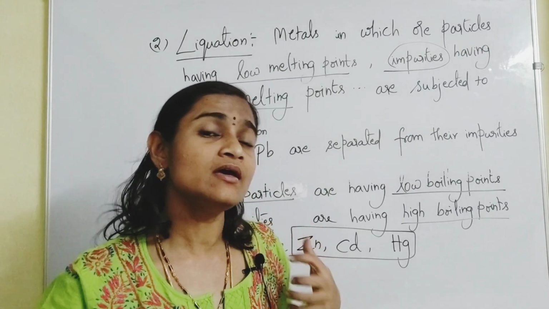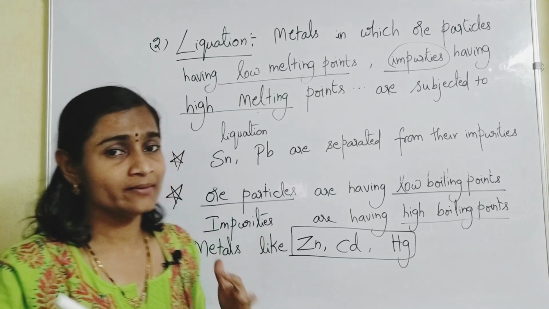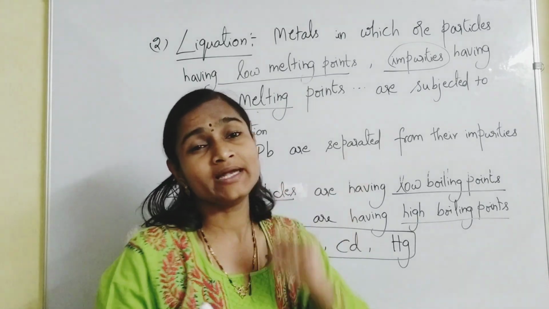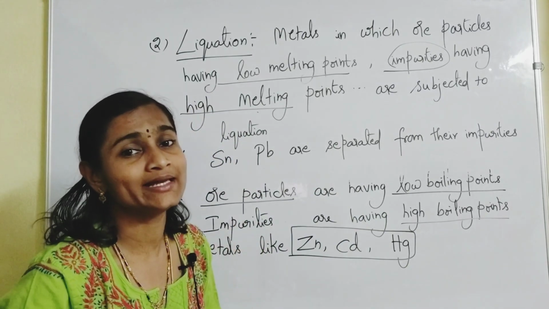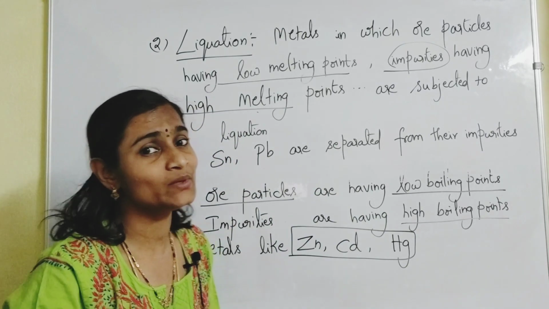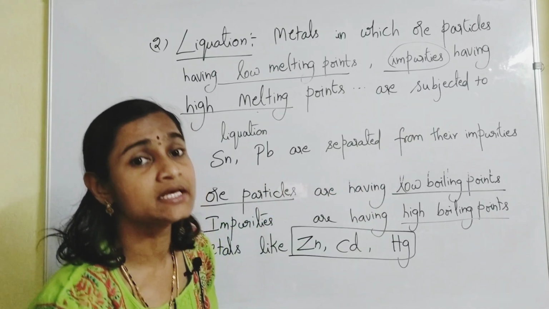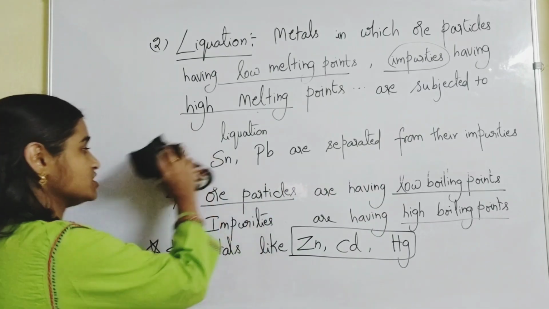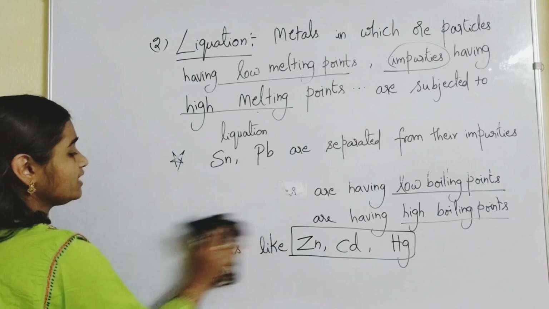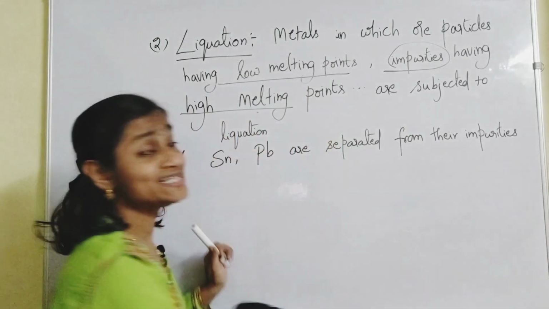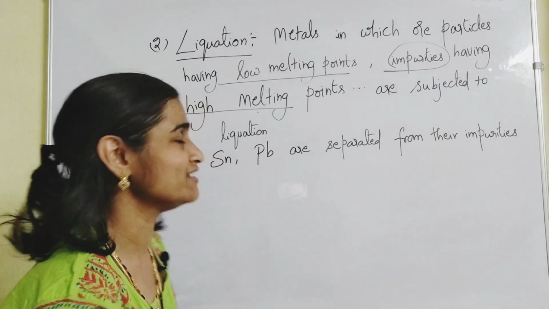Tin and lead have low melting points. They melt very quickly than the impurities, and are separated from their impurities using the liquation method. Liquation totally depends on melting points. Please remember that point.